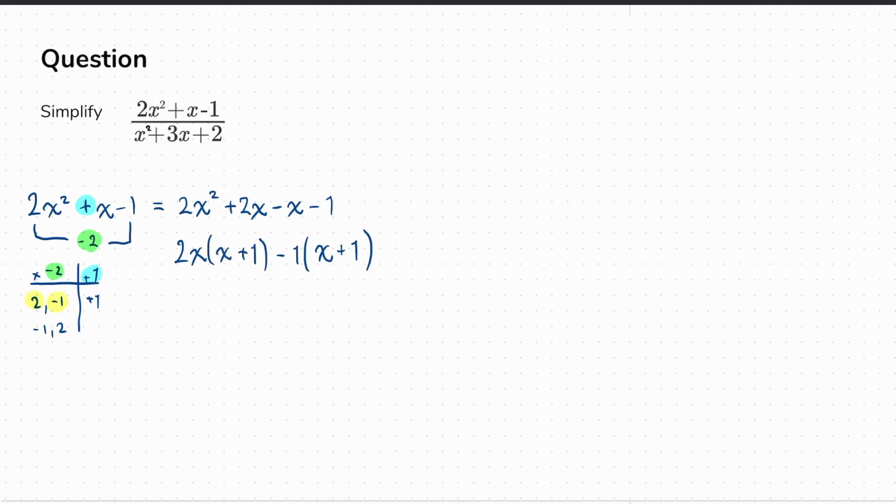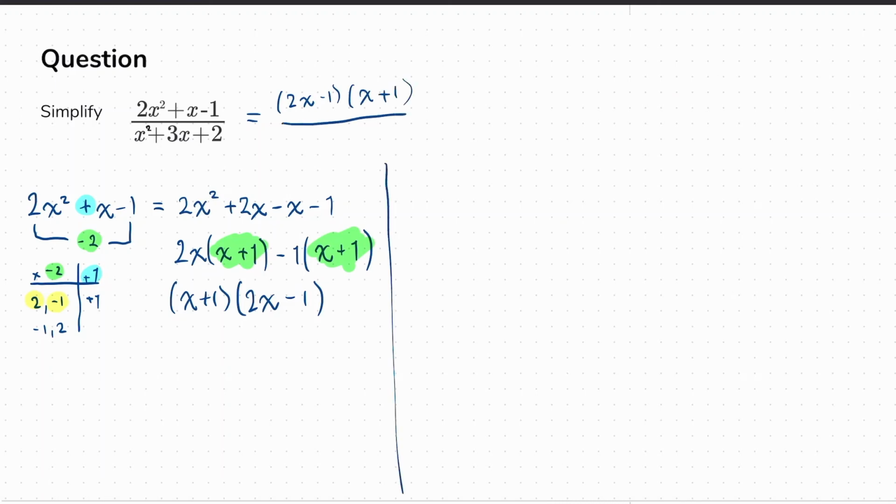This is really what I wanted the whole time, which was this common factor here. I factorize that out. I get x plus 1 goes into 2x, goes into it 2x times, and then negative 1 time. So I filled in that first part at the top, which is 2x minus 1, x plus 1.